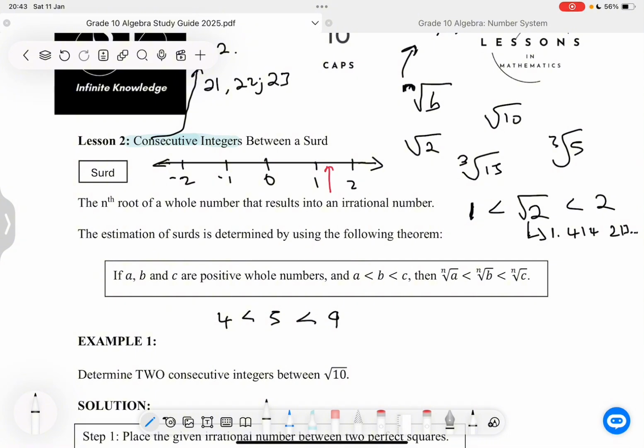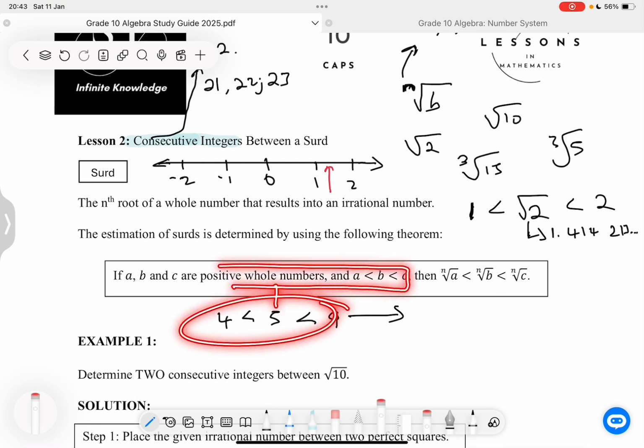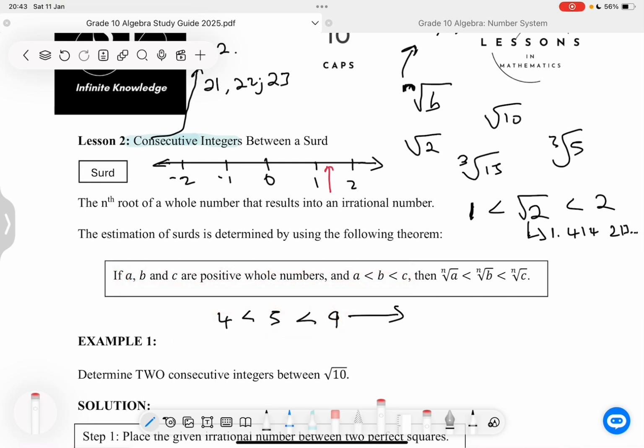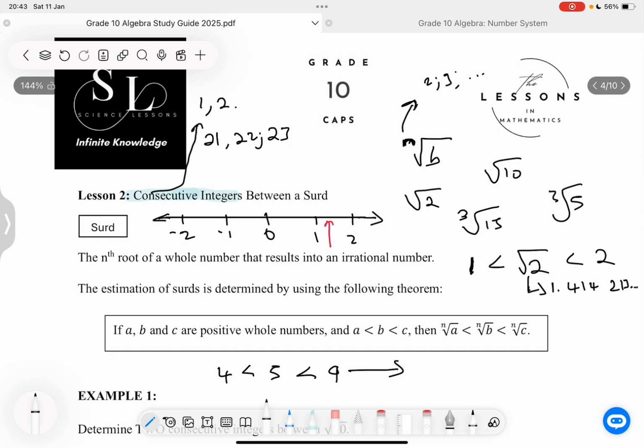Now this theorem, so this is the first condition, is that they are whole numbers, and this one is the condition that they are in a way that 4 is less than 5 and 5 is less than 9. The conclusion of this theorem says that if this is the case, if you have numbers that are of this form, right, then these numbers must behave in such a way that if I take the nth root, remember nth root will start from 2, 3, 4 going upwards.